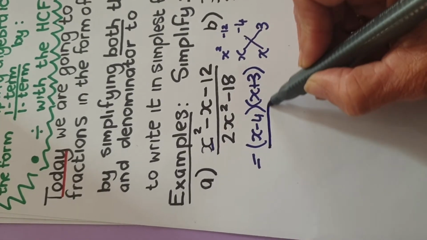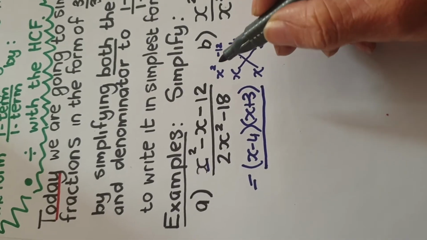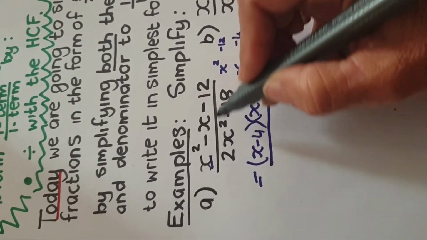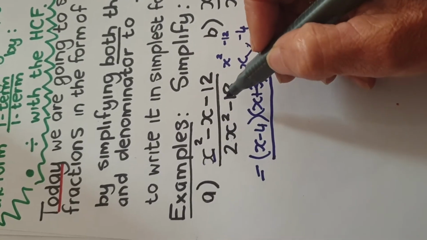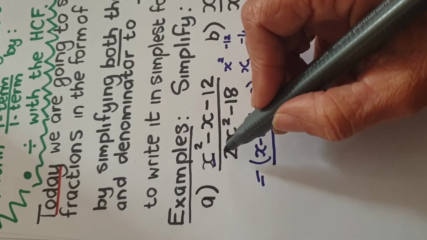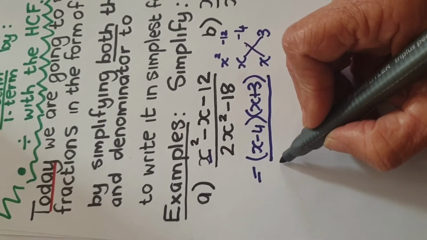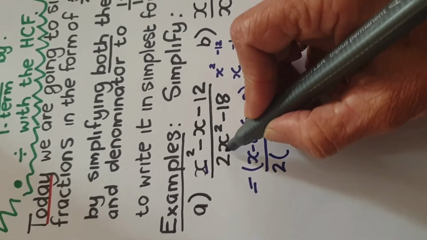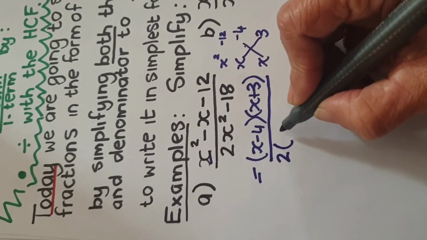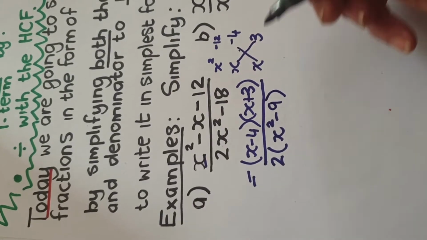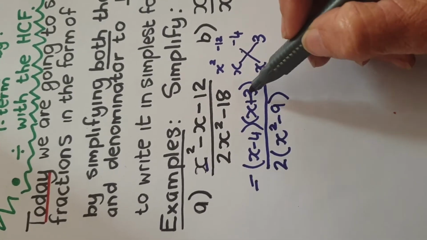And that makes one term in the numerator, which is what I want. So let's look at the denominator. I've got two terms. I can't add, but there's our highest common factor. You see that? I can take 2 out and divide both terms by 2. That will leave x squared minus 9 in the bracket. Right, now I have one term.